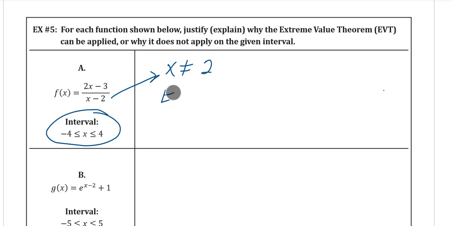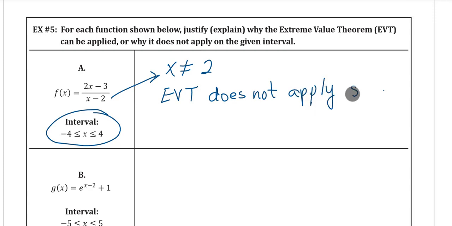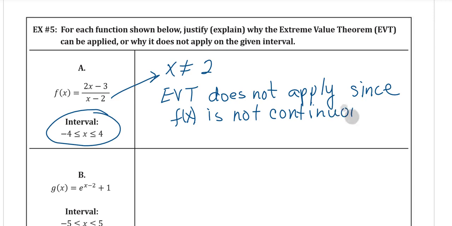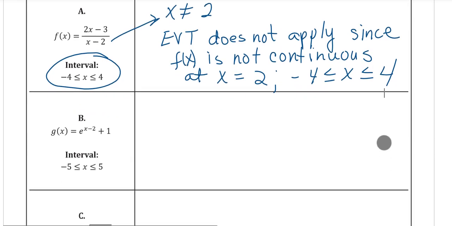So we would say that the EVT does not apply since f of x is not continuous at x equals 2 and our interval is -4 is less than or equal to x less than or equal to 4.